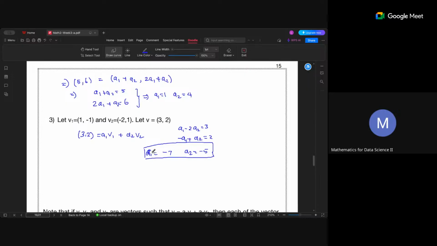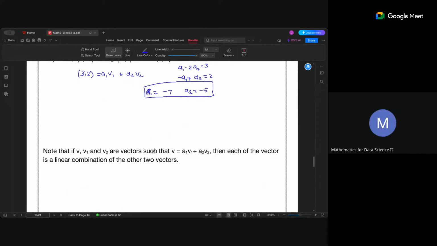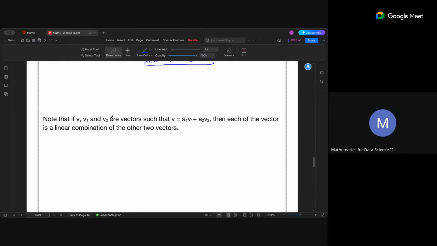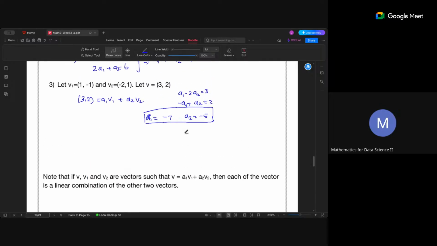Okay. So you know how to write a given vector as a linear combination of some other vectors or not. If v is equal to a1 v1 plus a2 v2, then each of the vectors is a linear combination of the other two vectors. Do you agree?